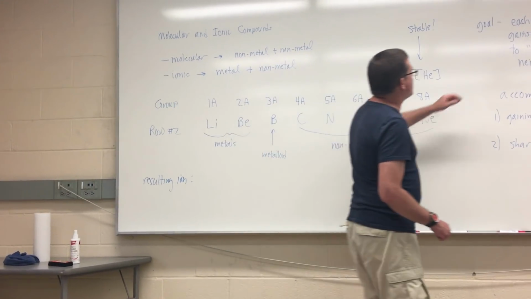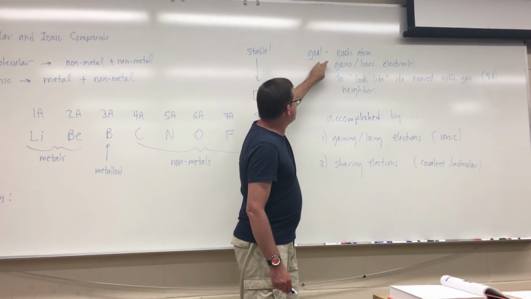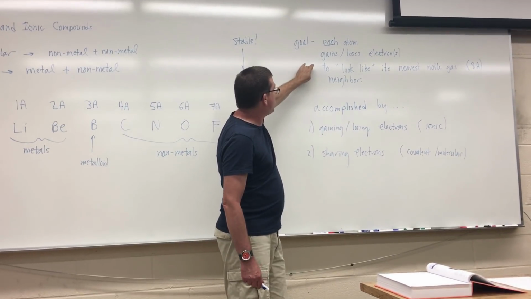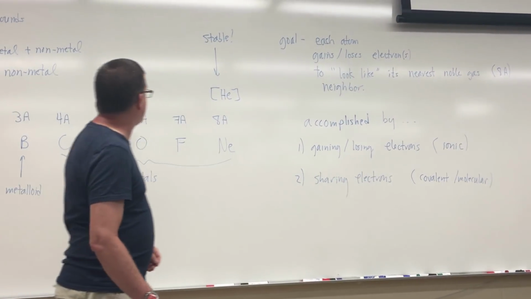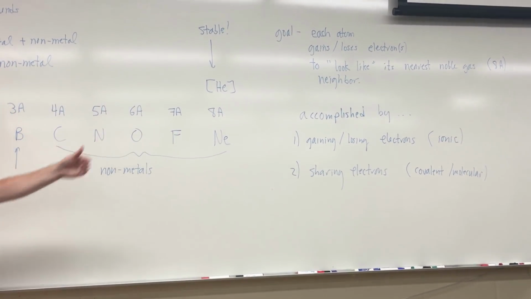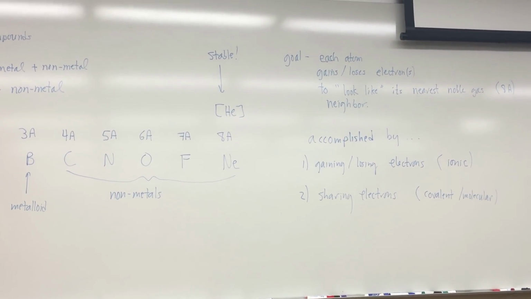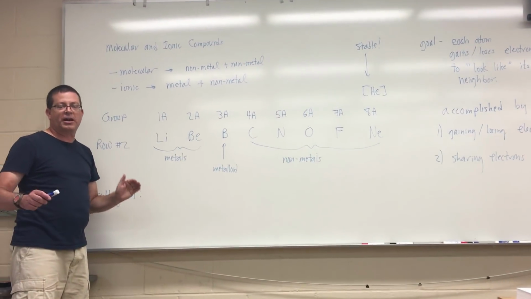Well, if the goal is for each atom to look like a noble gas, then that atom has to either gain or lose one or more electrons in order to look like its nearest noble gas neighbor. And again, the noble gases are found over in group 8A. Things like helium, neon, krypton, argon, those types of elements. They're stable, so we want everything else to look like those in terms of the number of electrons that they have.